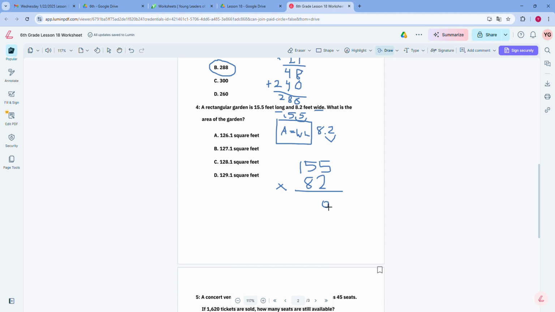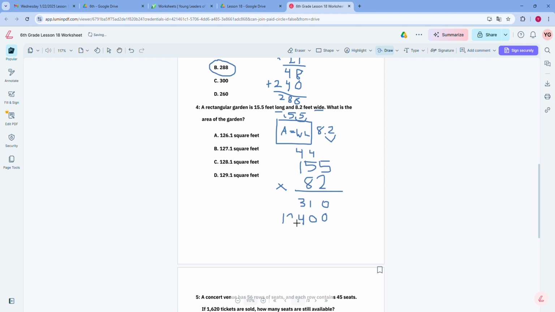5 times 2 is 10, 5 times 2 again is 10, but you want to add 1. 2 times 1 is 2, and then 2 plus 1 is 3. Put a 0 here. 8 times 5 is 40. 8 times 5 again is 40, plus 4 is 44. And then 8 times 1 is 8.